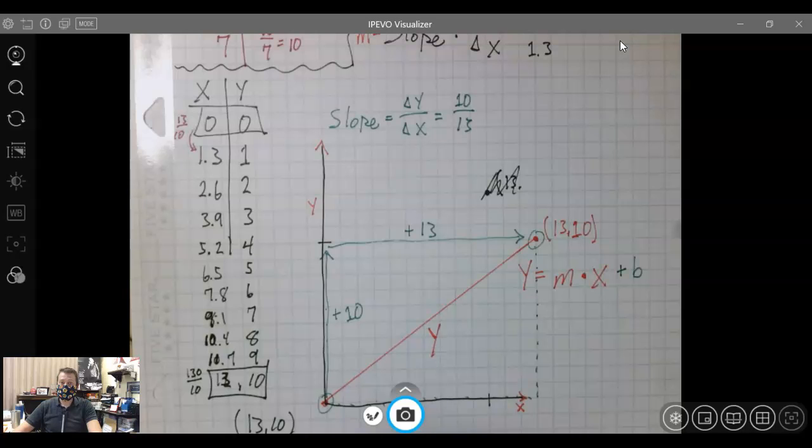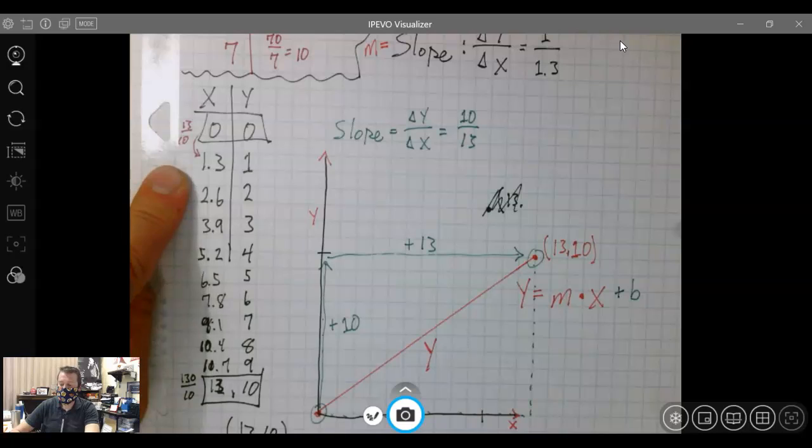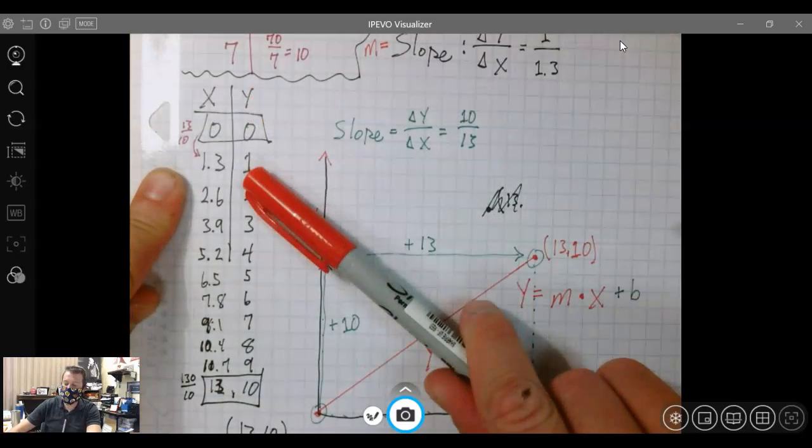All right, guys. If you're in that gray space of confusion, put your pencil down and listen for a second. The reason that this one is behaving differently than the other ones is x was changing by the awkward amount, y was changing by ones.